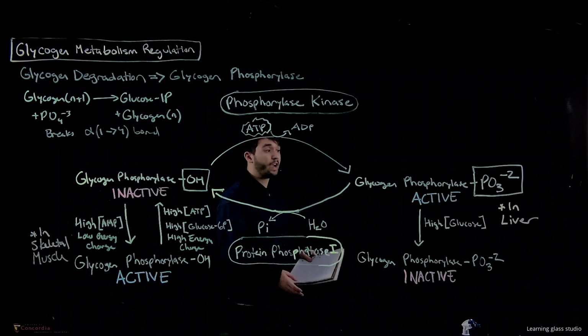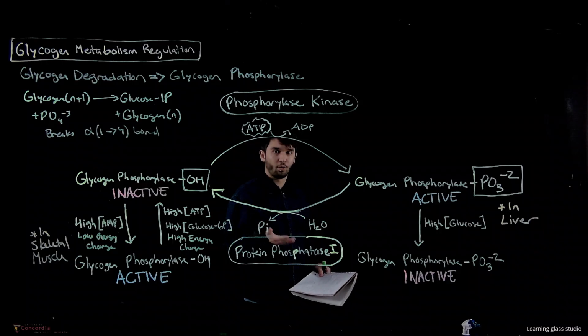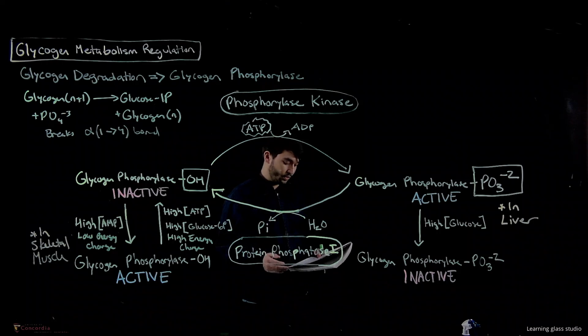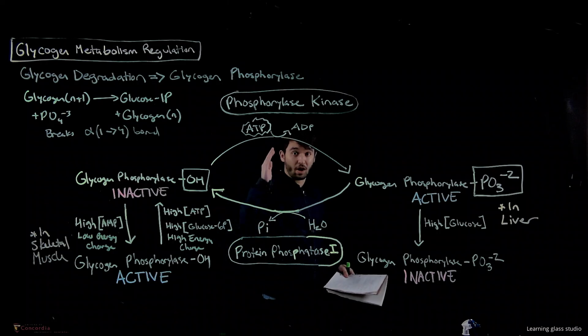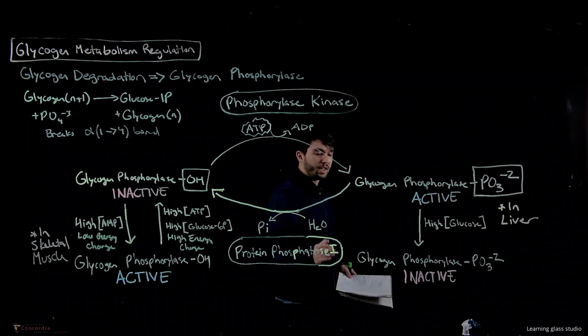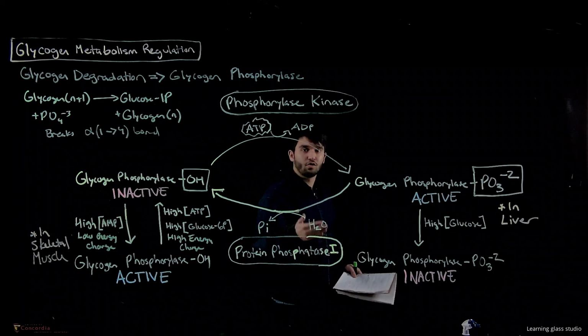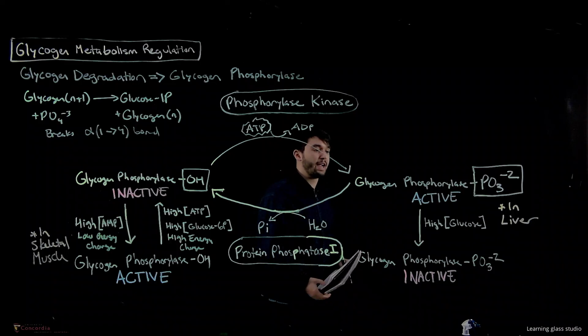So the reason why the liver would want to regulate glycogen metabolism is because the liver is the site of gluconeogenesis. The liver is essentially storing glycogen so that if the brain needs ATP, it will degrade glycogen to make glucose to give to the brain, okay?